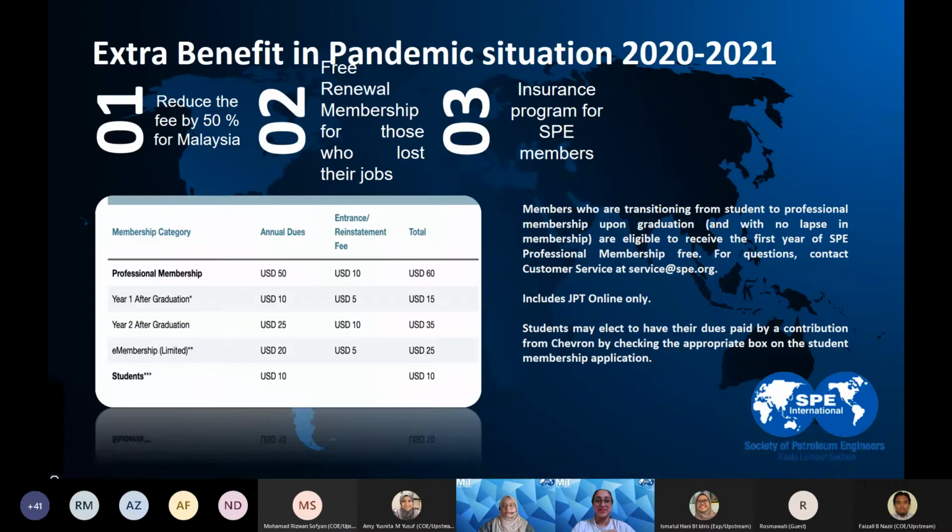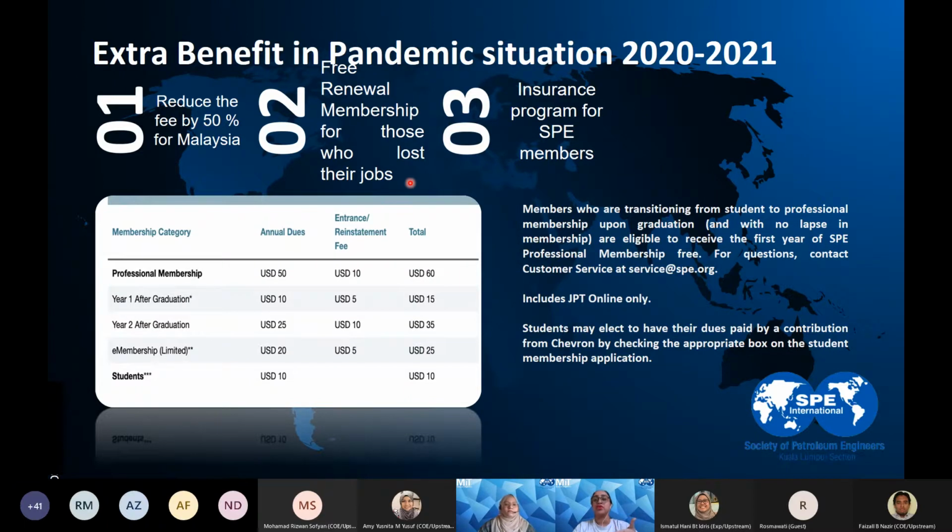During this particular period, the pandemic situation, there are some extra benefits during last year and this year. There are three benefits. One is the fee for all Malaysians has been reduced by 50%. Number two, free renewal memberships for those who have lost their jobs due to the pandemic.